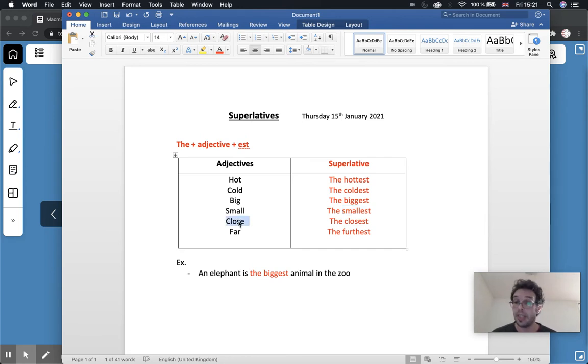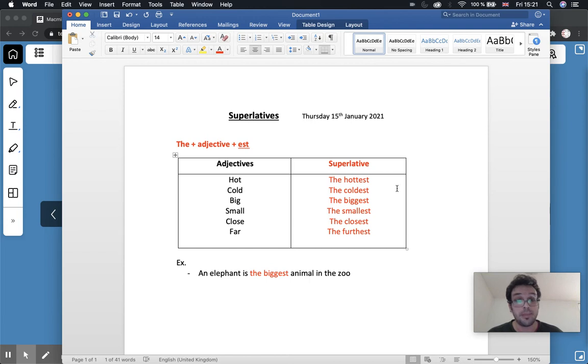Close, cerca. The closest, el más cerca. Far, lejos. The furthest, el más lejos. Okay, this is superlatives. Okay, copy all of this down in the notebook, please.